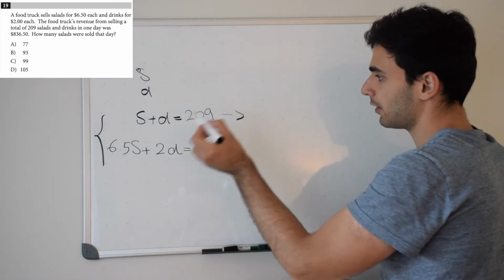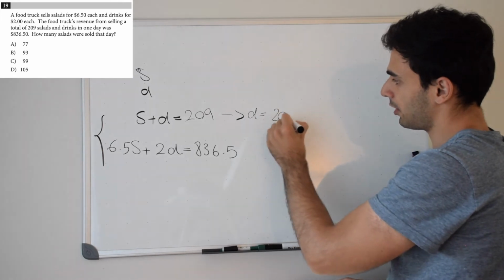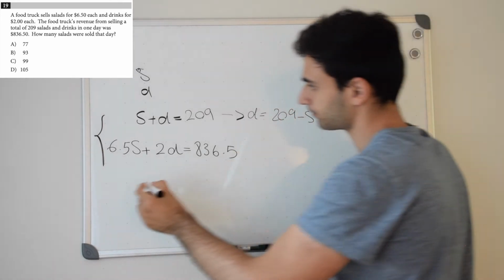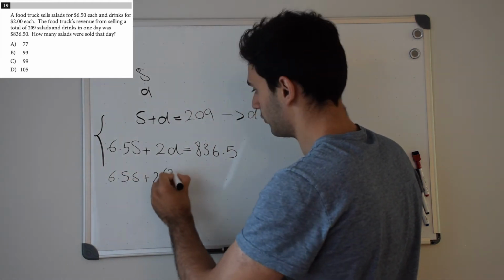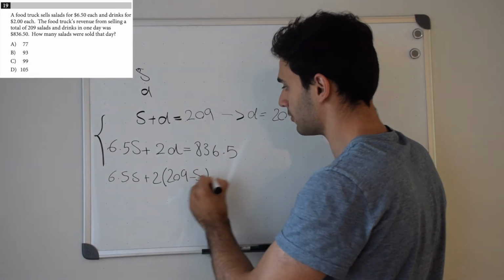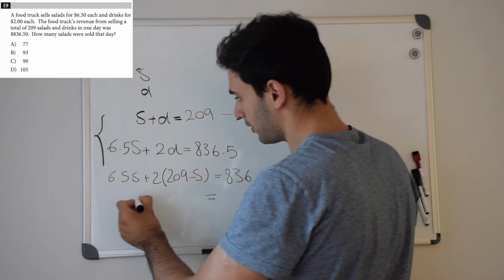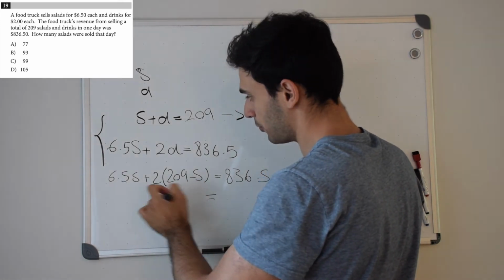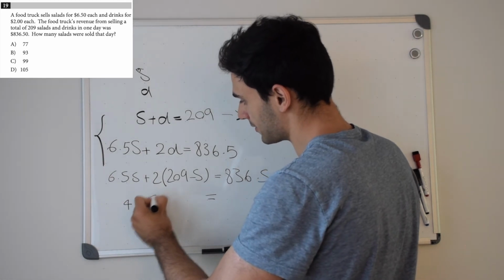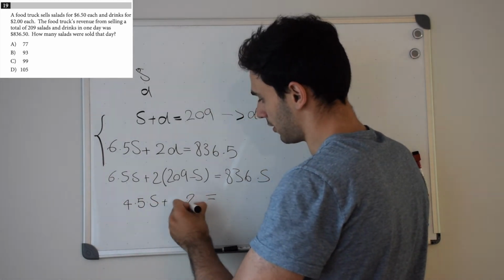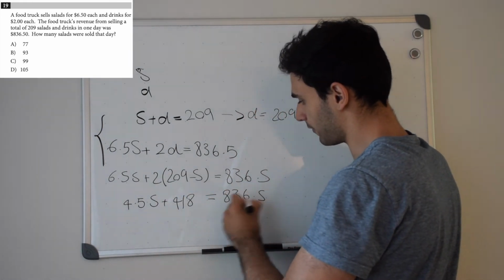From here I'm going to write D is equal to 209 minus S. So I'll have 6.5S plus 2 times (209 minus S) equal to 836.5. Then from here we have minus 2S plus 6.5S, which is 4.5S, and I'll have 418, equals 836.5.